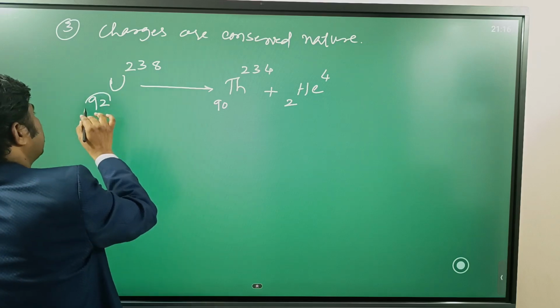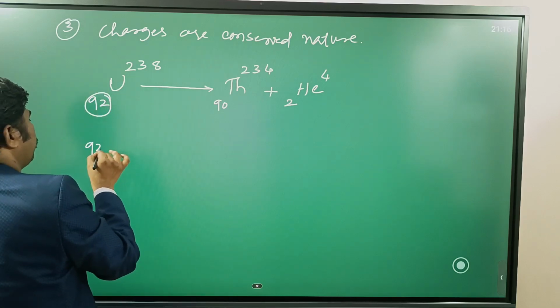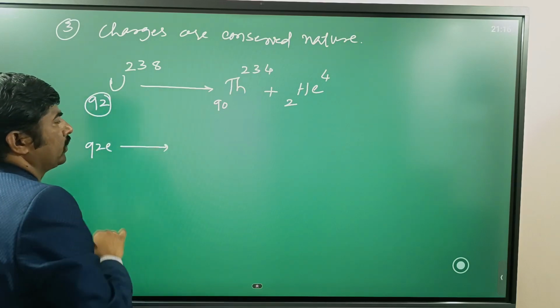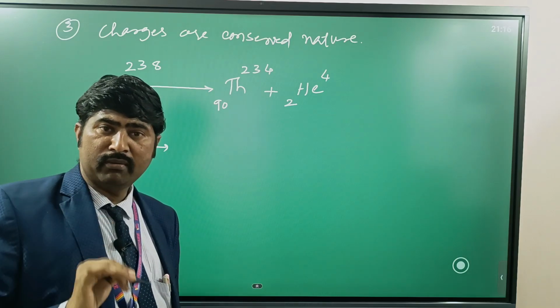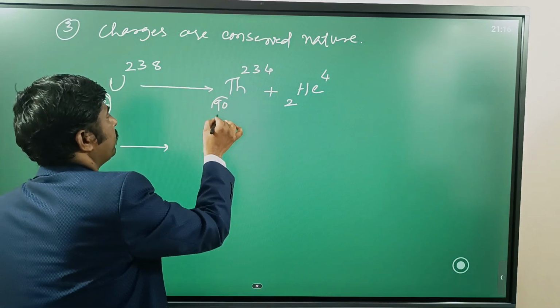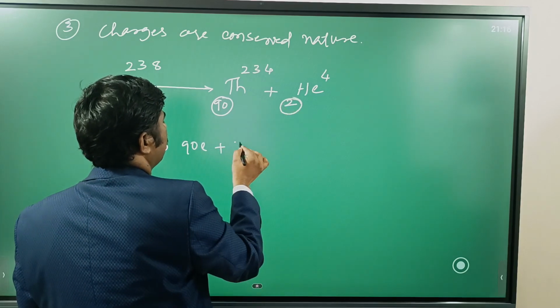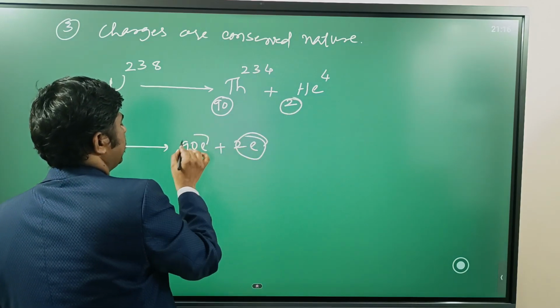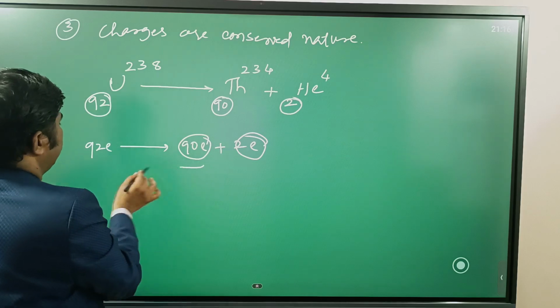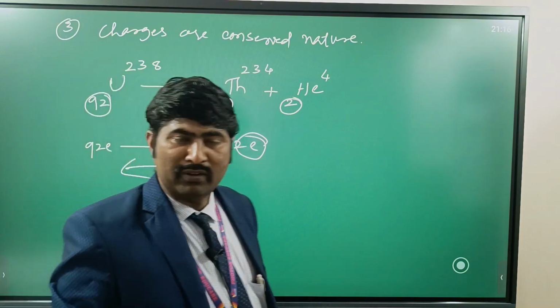So how many electrons are there here? 92 electrons, obviously, in the uranium nucleus. And here how many electrons? 90 electrons. And here? 2 electrons. 90 plus 2 is 92. That means if you add, you will get the same.